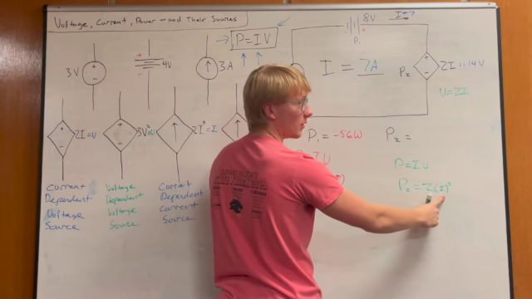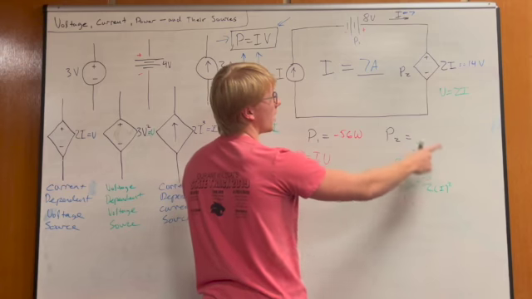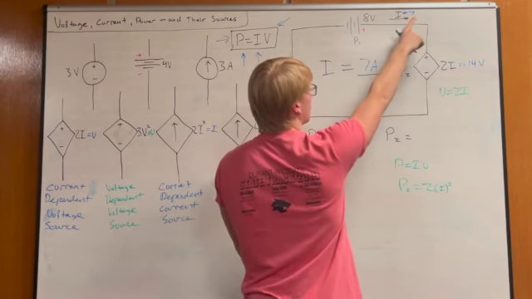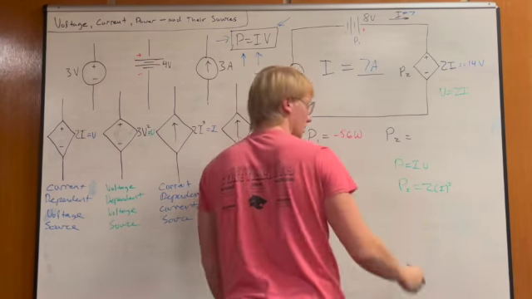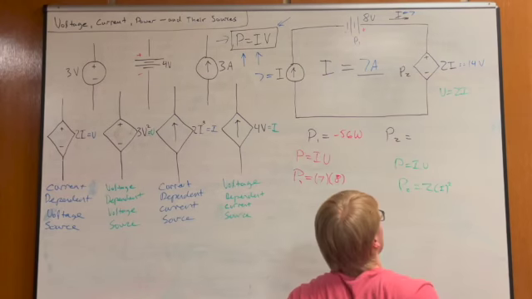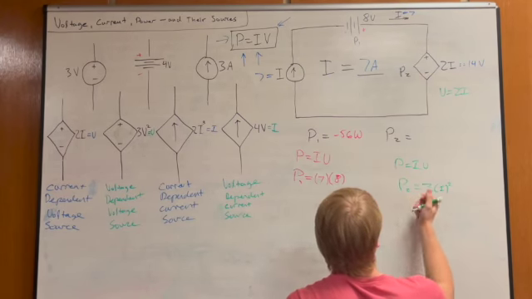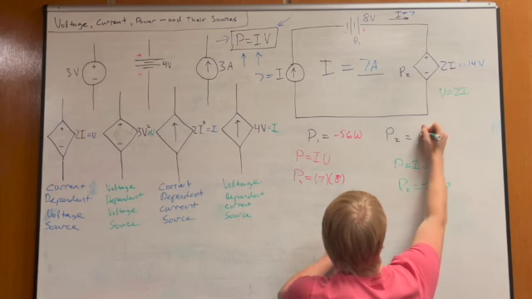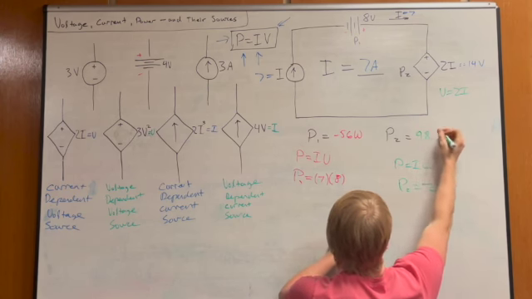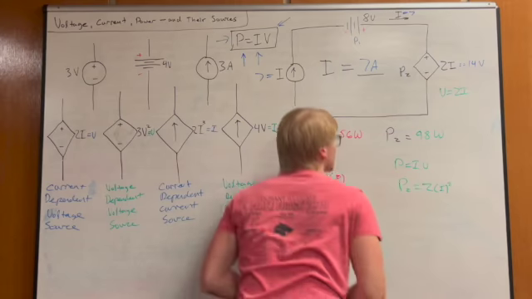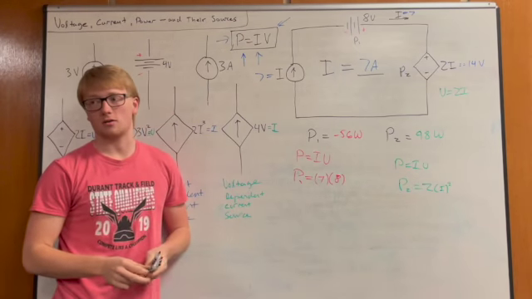And I is 7, so 49 times 2 is 98. That is a positive 98, and it's in watts. Does that make sense?